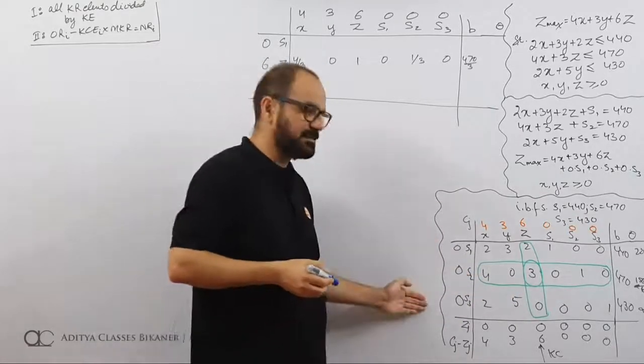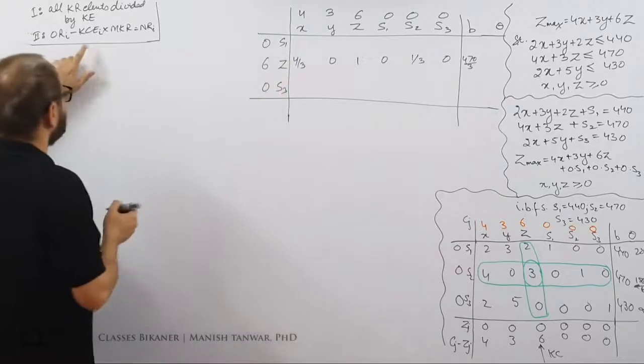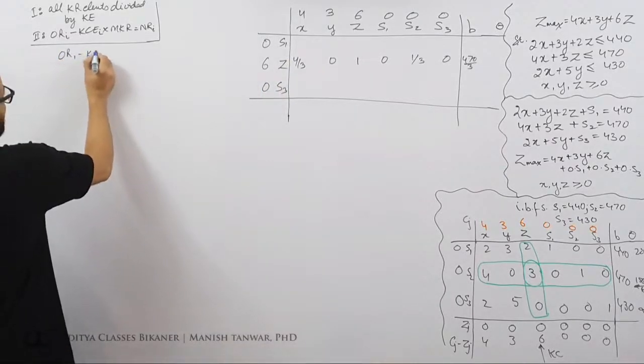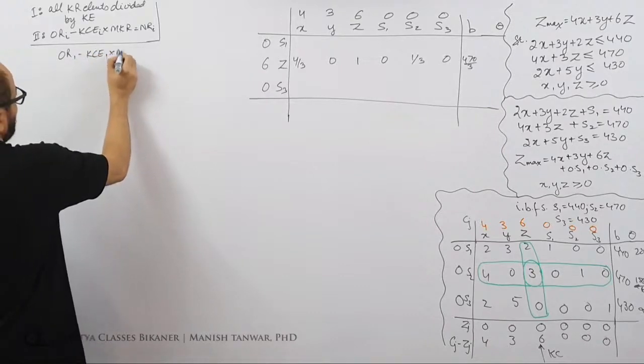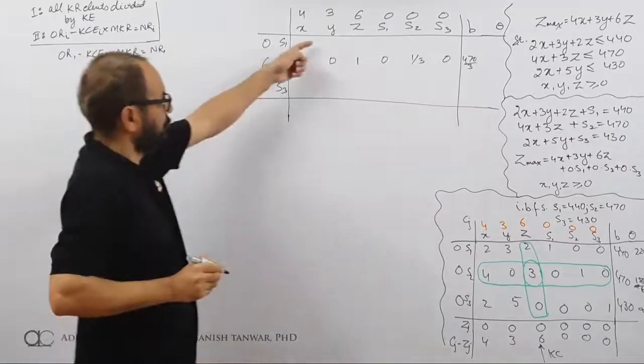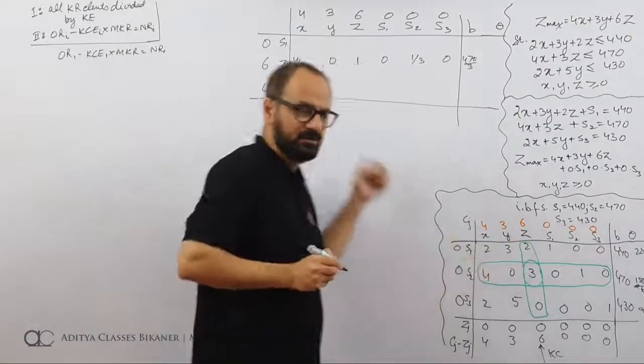What about the first and third row? I'll make use of this formula. Old row 1 minus key column element 1 multiplied by modified key row is equal to new row 1. New row 1 will be brought from here using this formula.